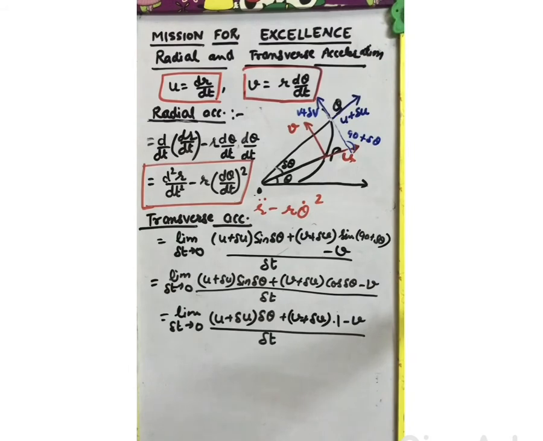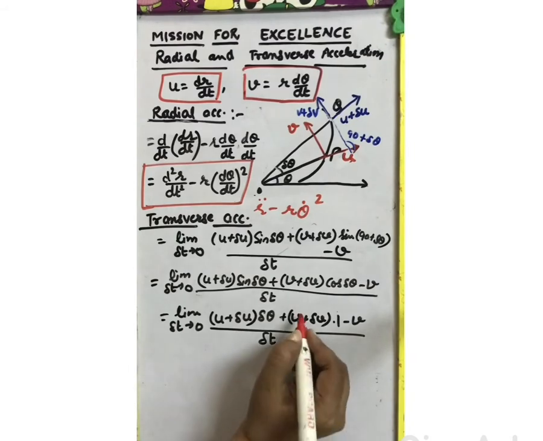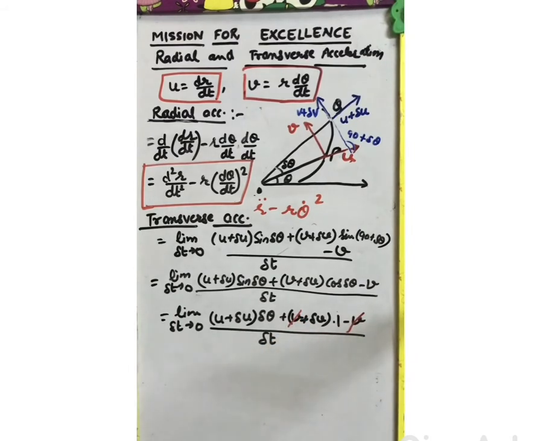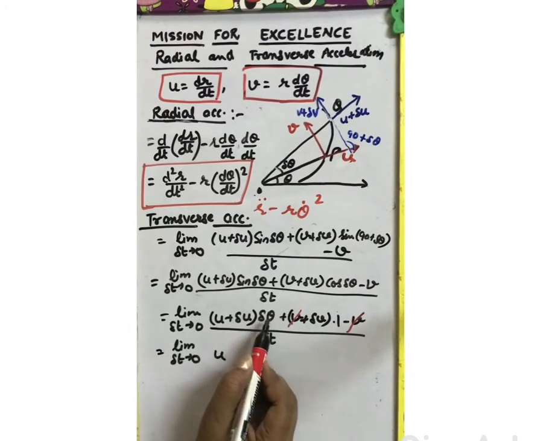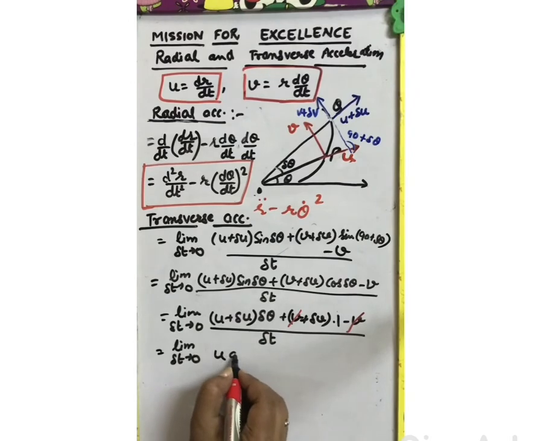So now this v is cancelled here, this plus v and minus v. So we will get limit delta t tends to 0 u into delta theta by delta t, that will be delta theta by delta t.